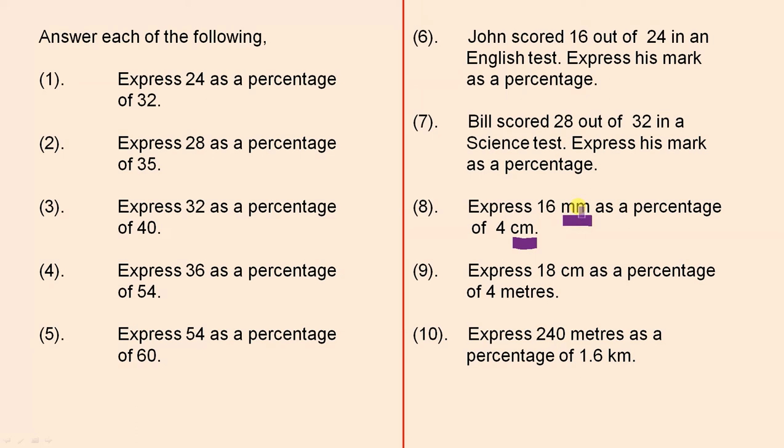So the trick is, before we express as a fraction, that is, you write one number over the other as a fraction, you have to make sure that you're using the same units. It's the same here. We've got centimetres and metres. You must have the same units. Here we have metres and kilometres. Again, you have to have the same units.